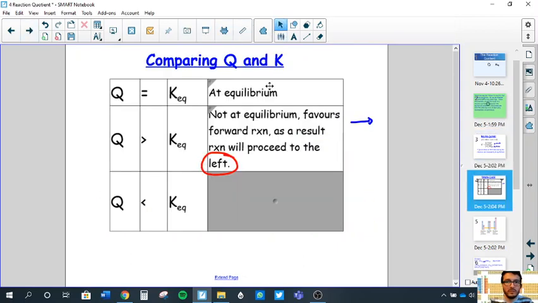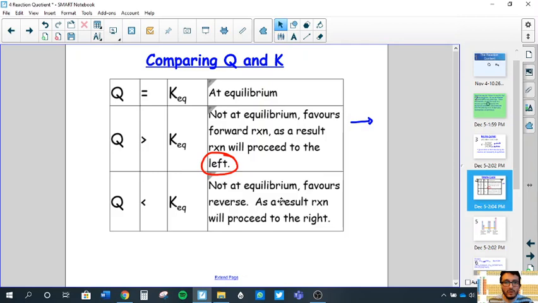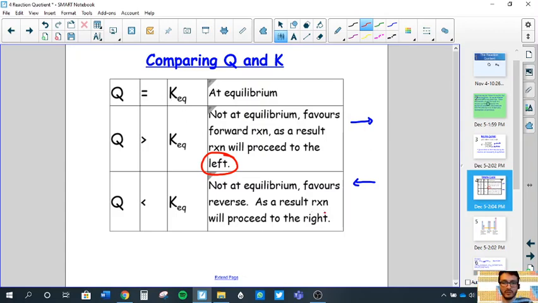So if Q is smaller, that means your reactants are favored, or in other words, it favors the reverse direction. So because it favors the reverse direction, what will happen so that it reaches equilibrium is that it will proceed to the opposite direction, which is the right side, or forward direction, okay?